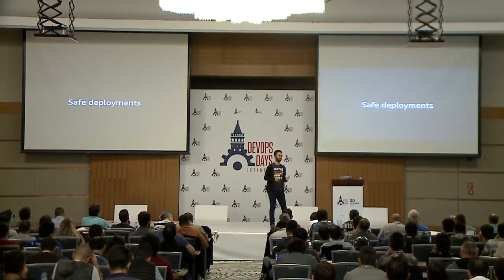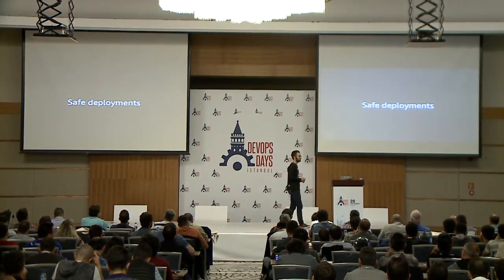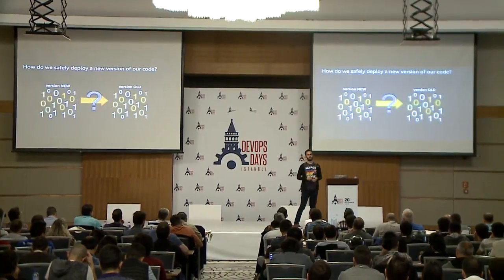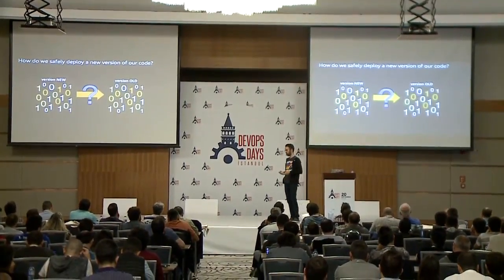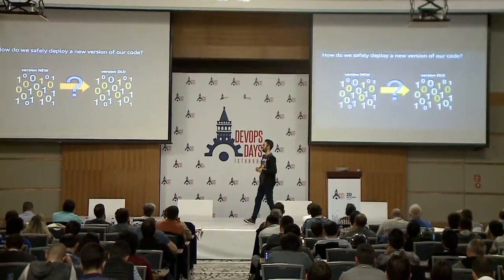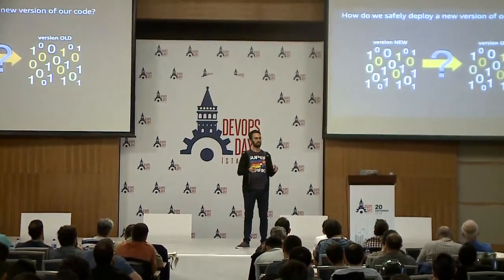Okay, let's get to the real topic of today, which is safe deployments. The real question is, in any scenario, in any use case that we saw so far, how do you reliably update your code to a new version that is possibly stable, might not be, right? If you're here today, it's because people put bugs in production. I'm a developer. I've done that so many times, and it's fun because you want to be fast.